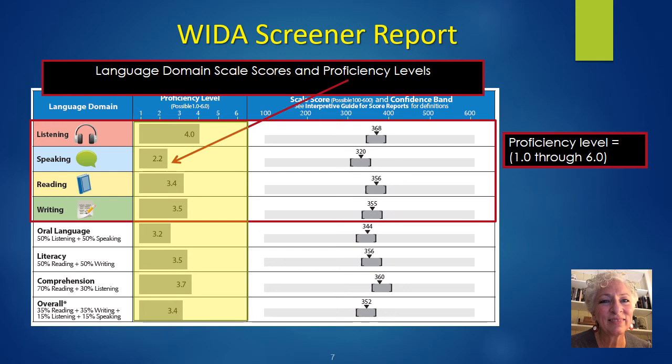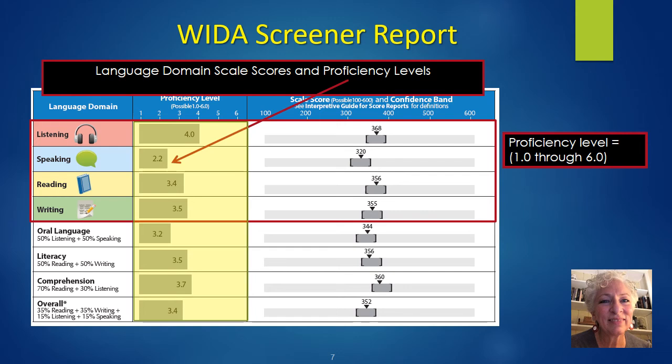And so you also have an oral language score, which is the combination of both listening and speaking, and also a literacy score, which is the combination score for reading and writing. And then finally a comprehension score, which is the combination of scores for input for both reading and listening.